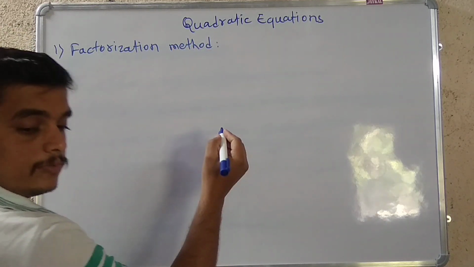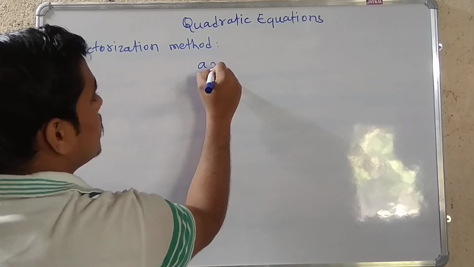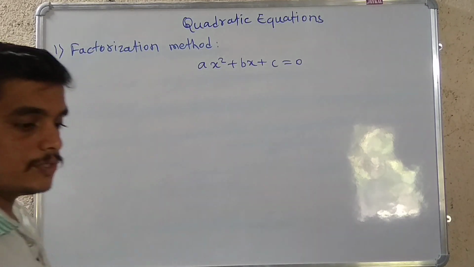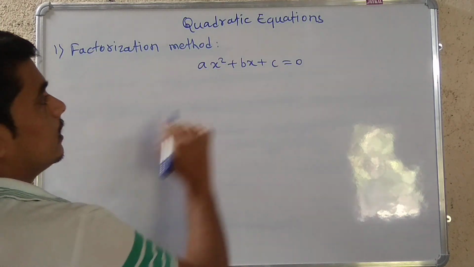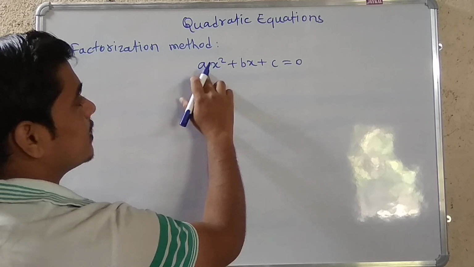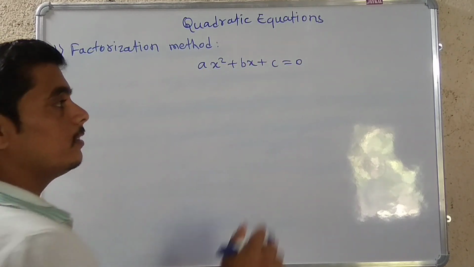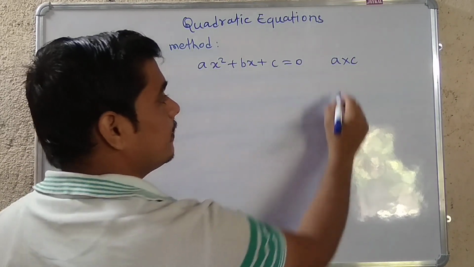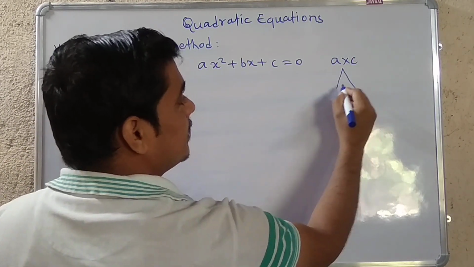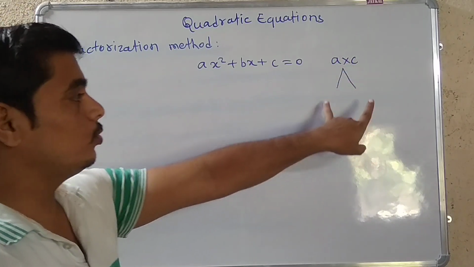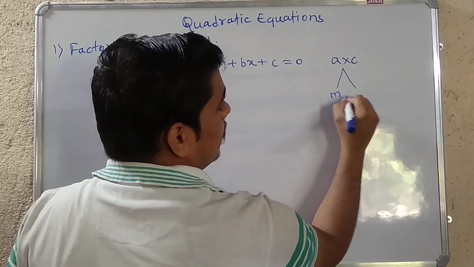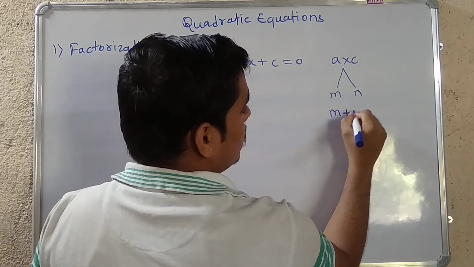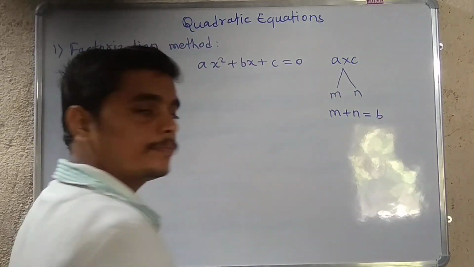Let's say the standard form of the quadratic equation is ax square plus bx plus c equal to 0. As we have the coefficients of x square, x, and the constant term, we first write the multiplication a into c. Then split or factorize this product into two different numbers, let's say m and n, which satisfy the condition that the addition m plus n must be equal to b.